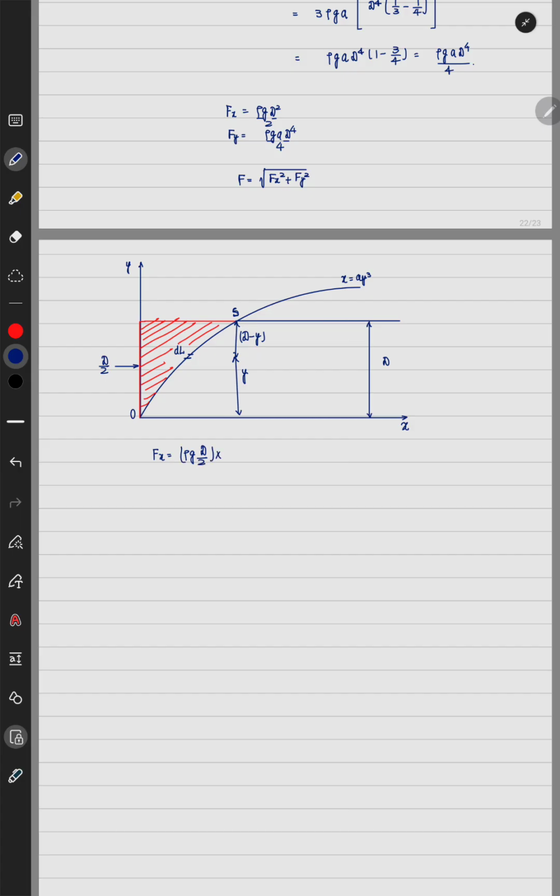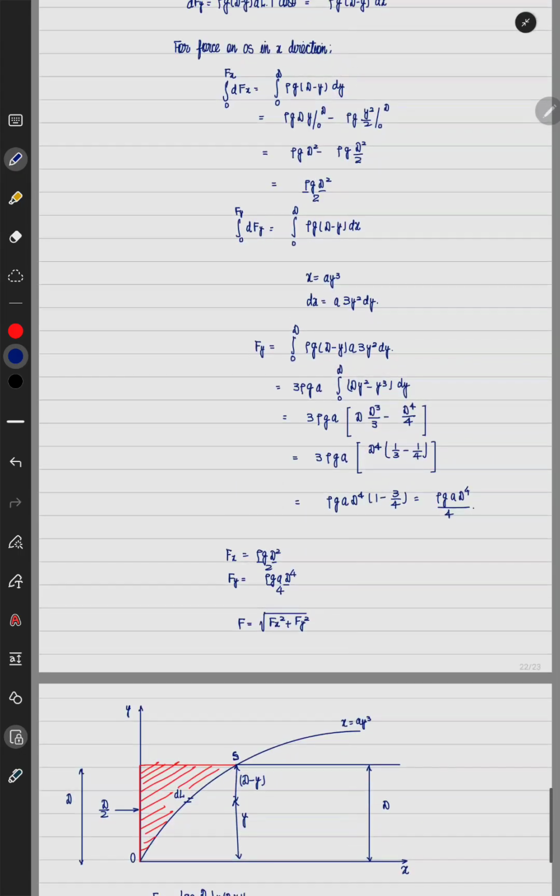Since this entire height is given by d and the length perpendicular to the sheet is given by 1, I have to multiply it by d into 1. This will give me area. This is the total force which is acting in the x direction. Okay, so it will come out to be rho into g into d square by 2. This is what we have obtained.